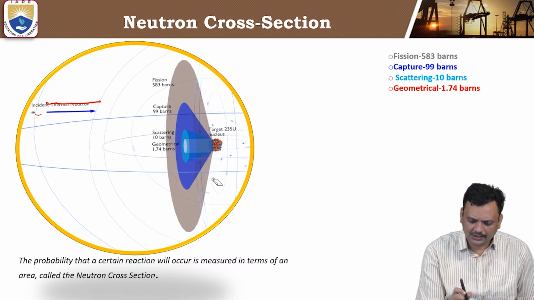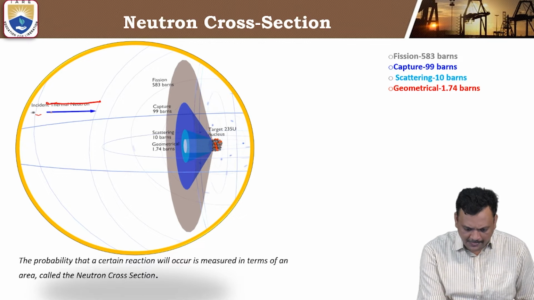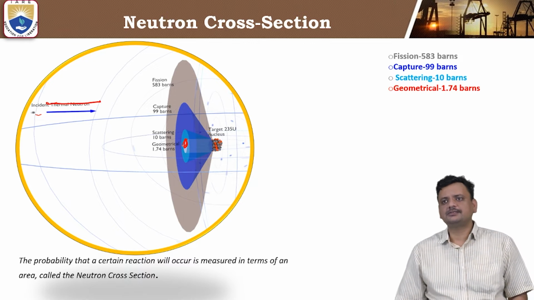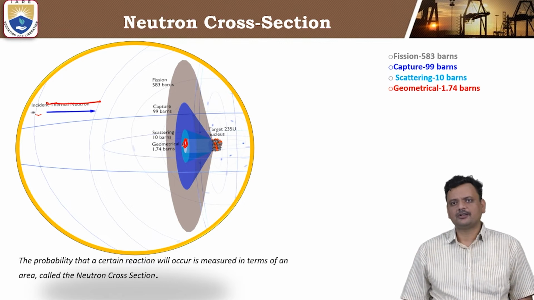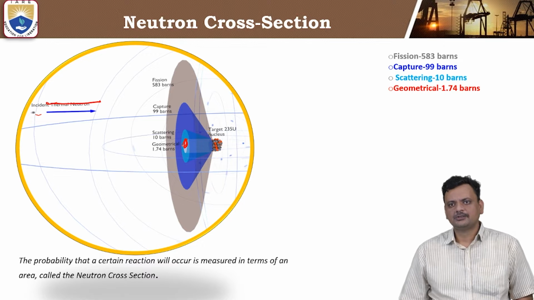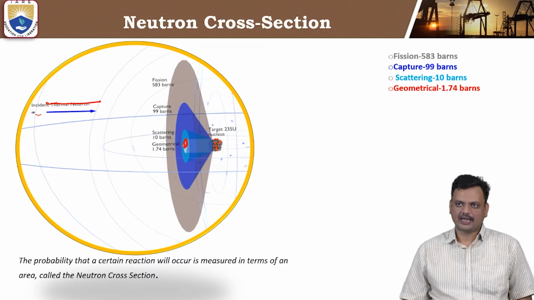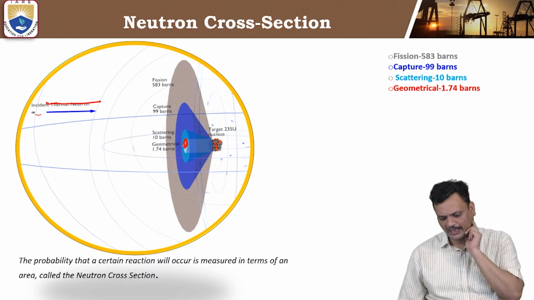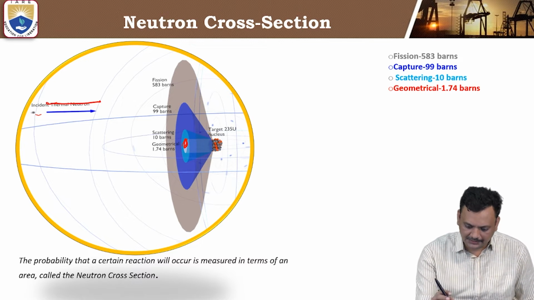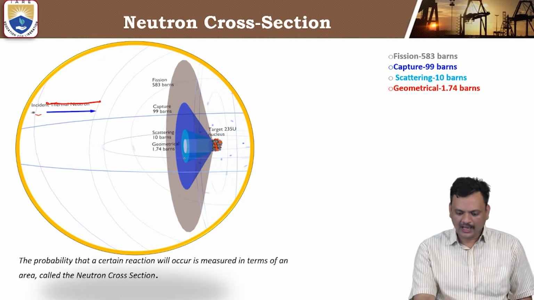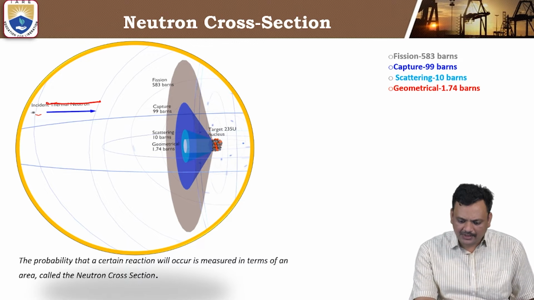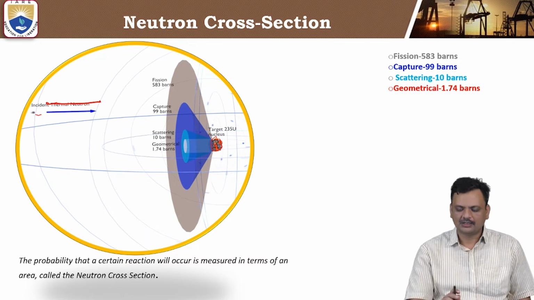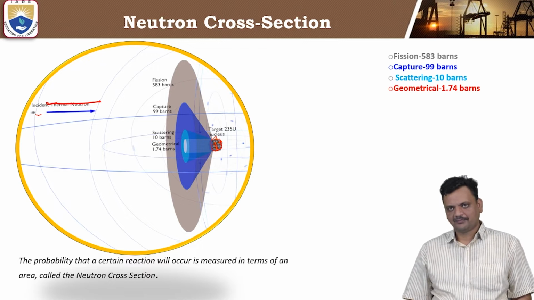When the incident neutron approaches this region, it will go for geometrical scattering, where an exact collision type of thing happens. This white region has exactly the same dimension as the considered nucleus.